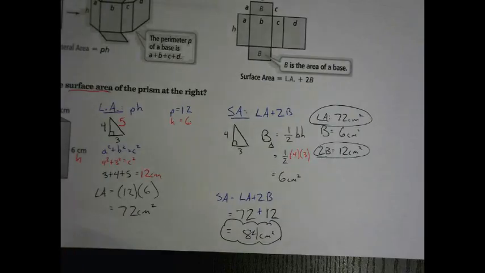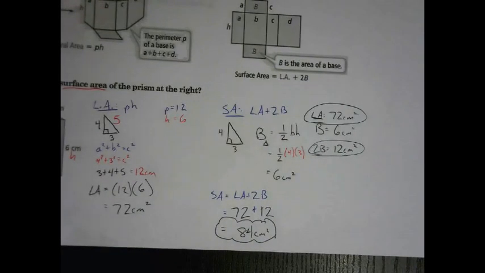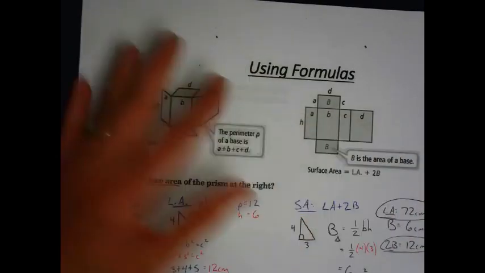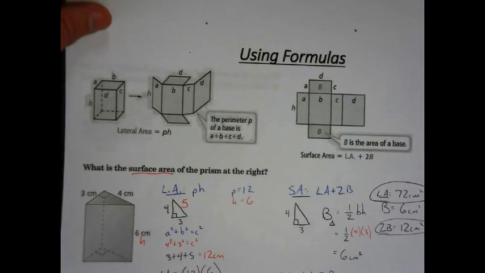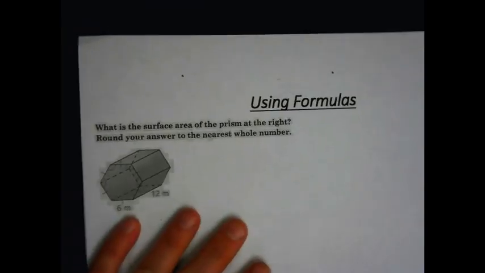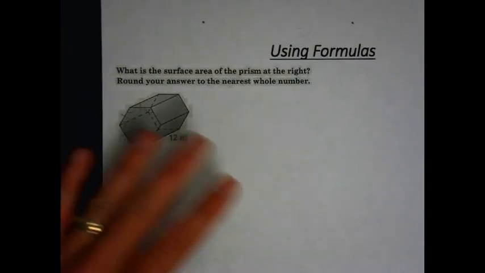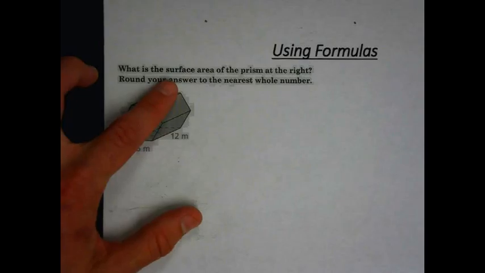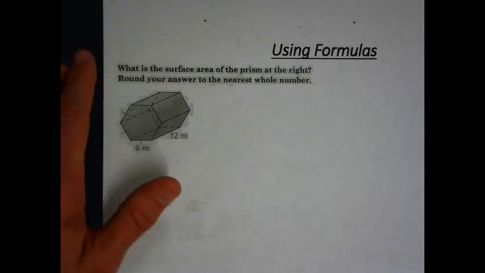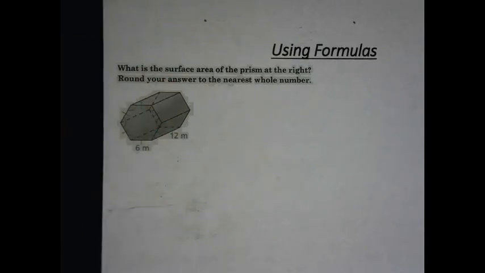Okay? So let's take another practice example. And this diagram just helped to show the difference of what's going on. So let's do another example, but this time, not so easy. Now we're going to find the surface area of the prism at the right. Here's our prism. The challenge with the prism is that we need to know what is the base and what is the side.